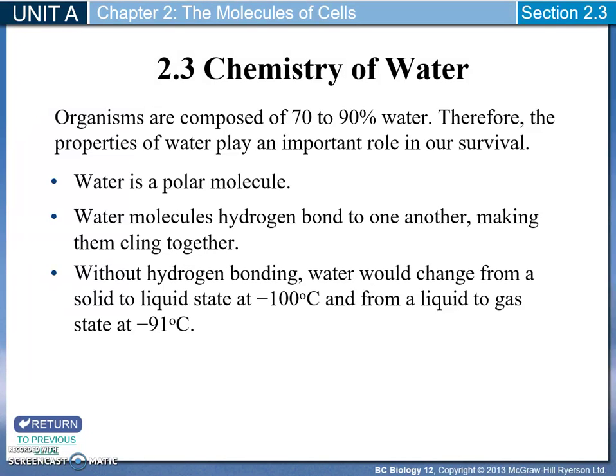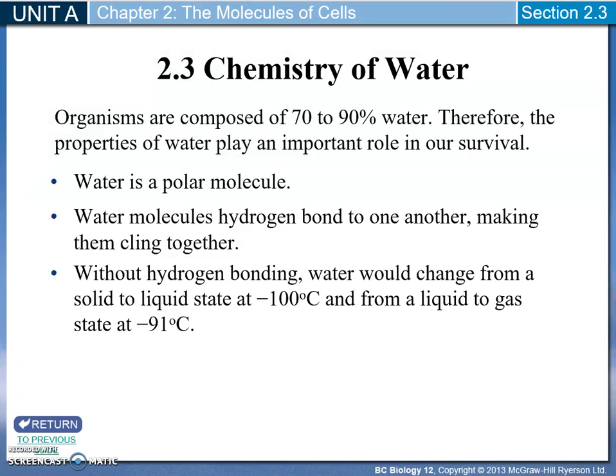Water is a polar molecule, which means that it has partial charges in various places. And water molecules hydrogen bond to one another, which makes them cling together. Without hydrogen bonding, the properties of water would change very significantly.